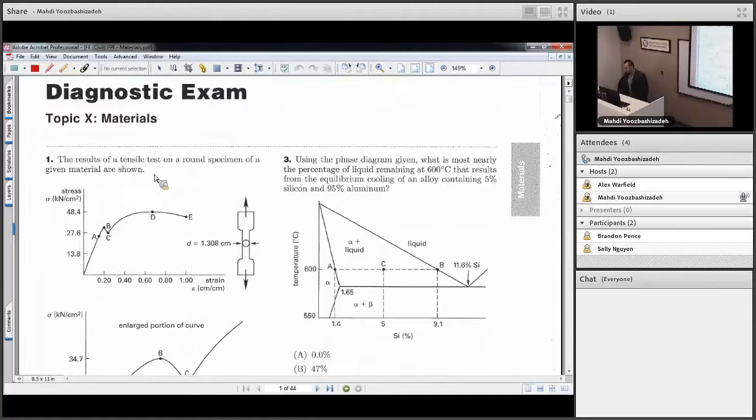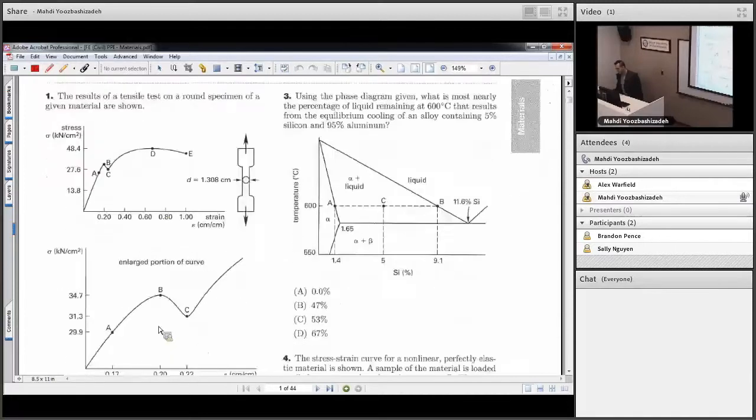So the results of a tensile test on a round specimen of a given material are shown. So we have the engineering stress. We have the engineering strain. This is the specimen. The diameter is 1.308 centimeter, and it follows this path.